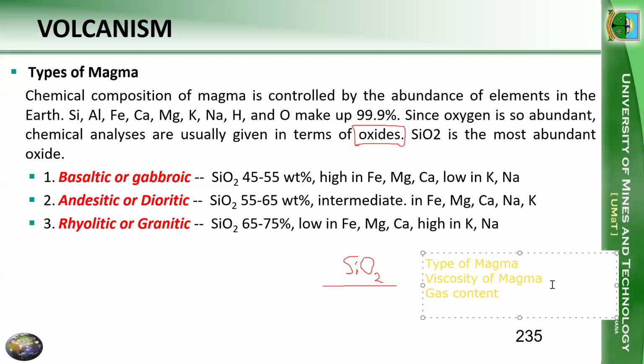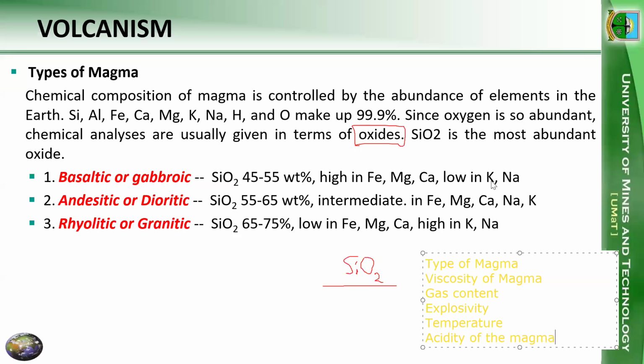We are also going to use the silica contents in the magma to understand the explosivity of the magma, whether or not the magma will explode, how it will explode. Also, it can give us a clue about the temperature of the magma. And last but not least, it can also tell us the acidity of the magma.